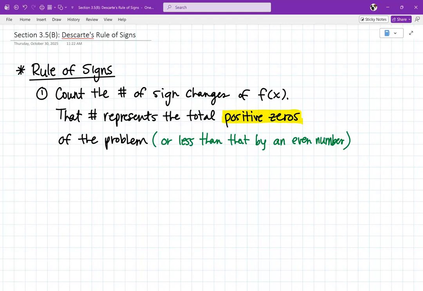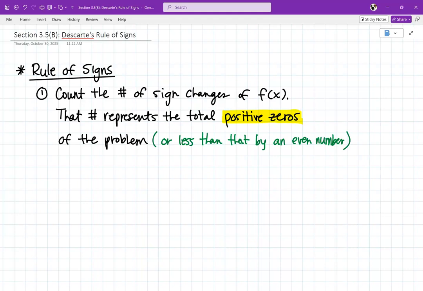And then the thing in green says, or less than that by an even number. Well, what's the smallest even number that we know? What's the smallest even number? Not 0. It's 2, right? So if you have 3 answers, and they say less than that by an even number, subtract 2 from it. That means 3, or if there can only be 1, maybe.